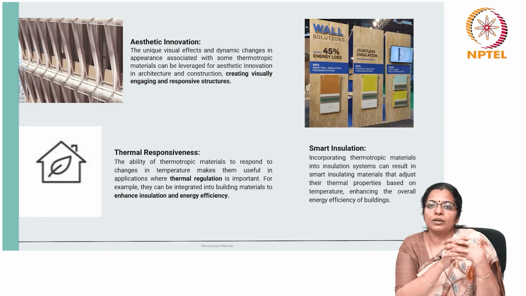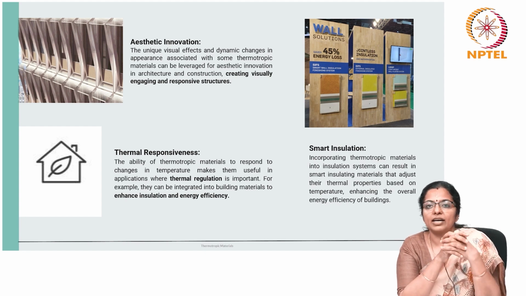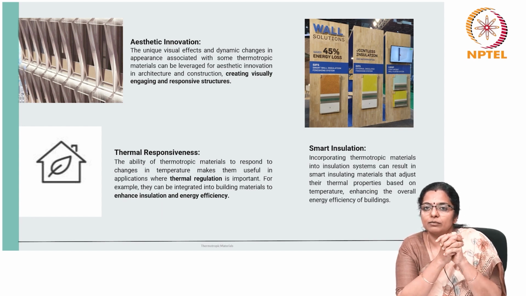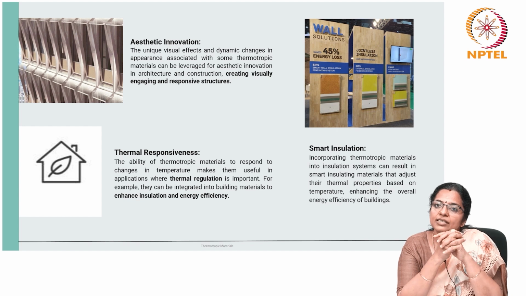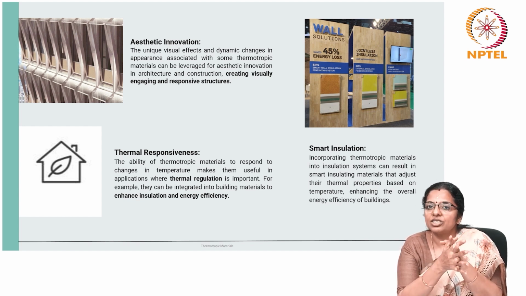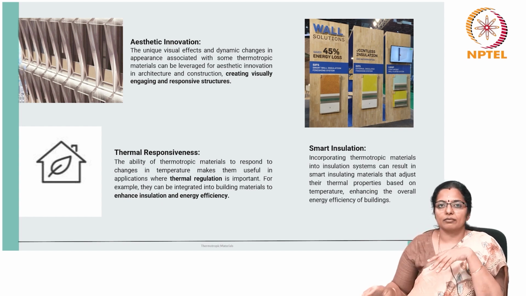They can even be used for smart insulation. Incorporating thermotropic materials into insulation systems can result in smart insulating materials that adjust their thermal properties based on temperature, enhancing the overall energy efficiency of buildings.